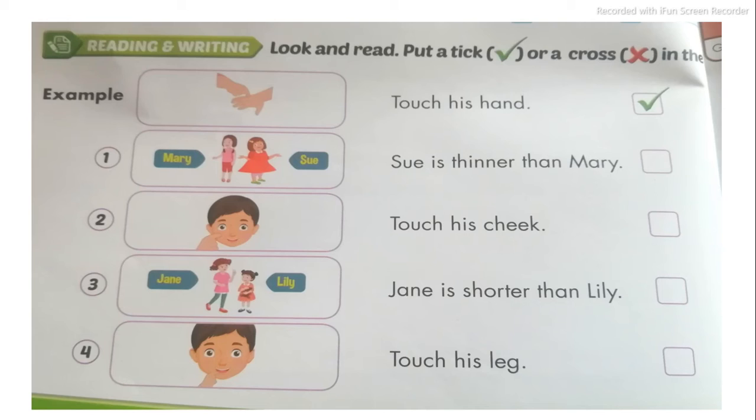So we need to put a cross in box number 3. And number 4 says touch his leg. If you look at the picture at number 4, the boy is touching his chin. So we need to put a cross at number 4.